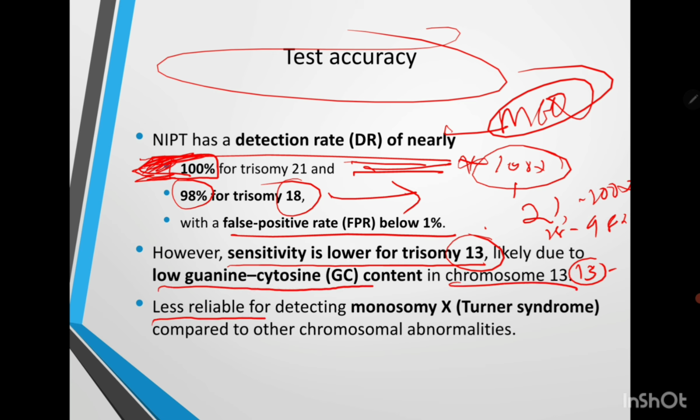It is also less reliable for detecting monosomy X, that is Turner syndrome. Thus NIPT has lower accuracy compared to other chromosomal abnormalities. So NIPT has good accuracy if you compare 21, 18, 13: 21 is 100%, 18 is 98%, for 13 it is very low, and for monosomy X it is less reliable.